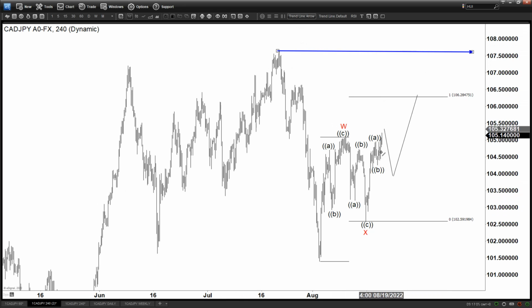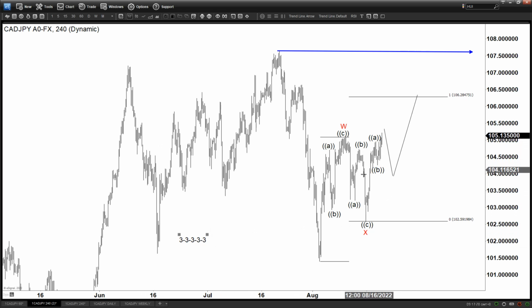Now, the only exception where it will break above is if this is some sort of a diagonal on the upside, like a 1 2 3 4 5. The diagonal can be in the form of 3 3 3 3 3. That's the only exception I can think about, but usually we don't forecast a diagonal ahead of time.